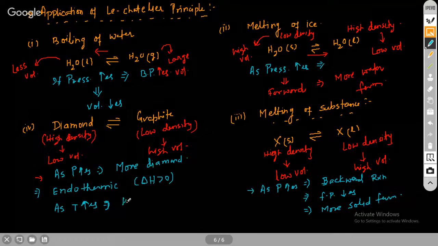When K increases, the reaction starts going in the forward direction, so more graphite will form. If I ask you, as temperature decreases, then K also decreases, and more diamond will form. Accordingly, you have to answer this.